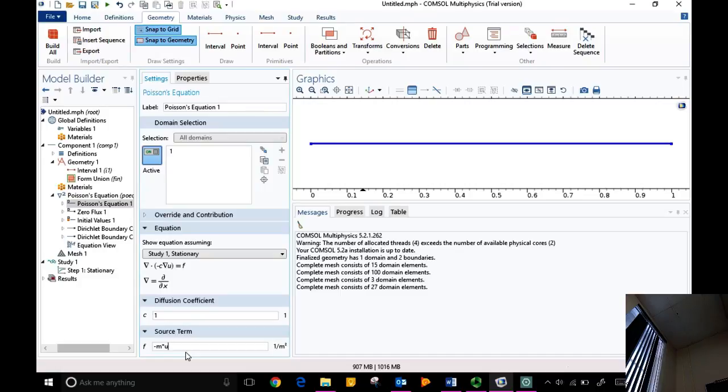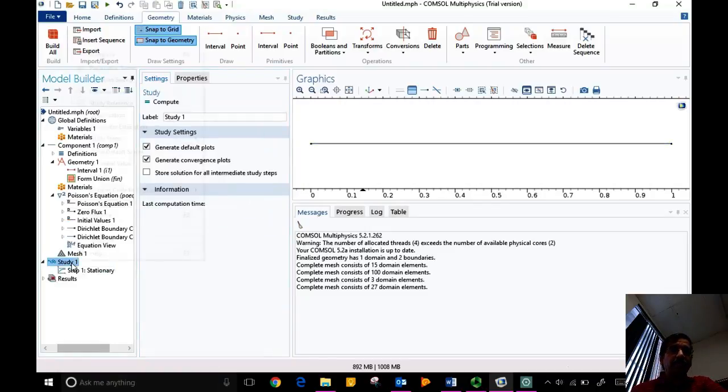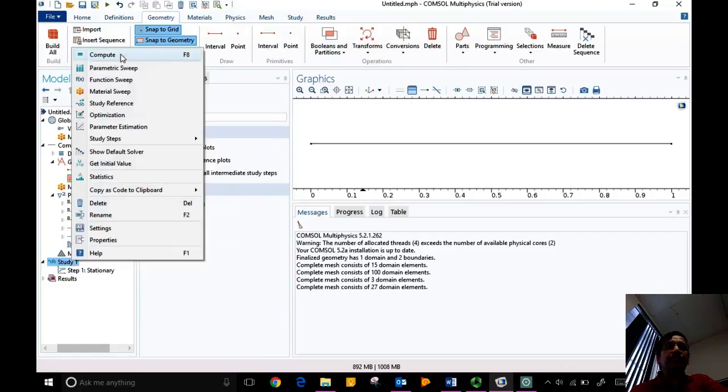And if I put a minus there, then I bring it over, and I will have del square u minus m u equals 0. Are you following what happened there? Now I have completed the problem for this. Okay, so I can go to study and then say solve, compute. Right click on the study and compute.